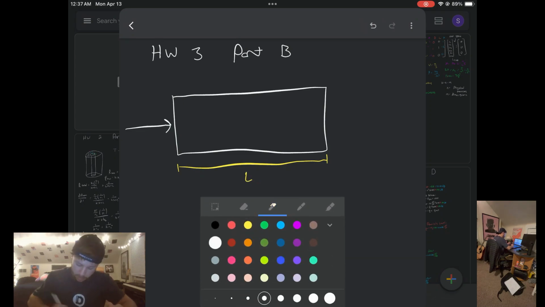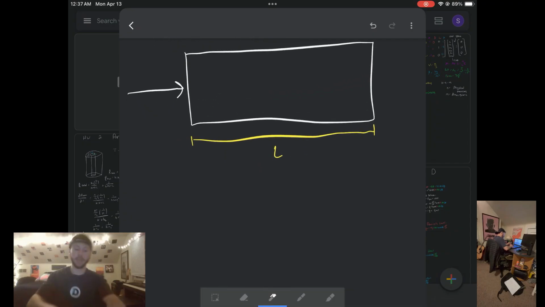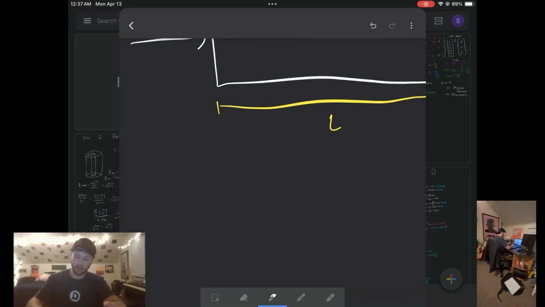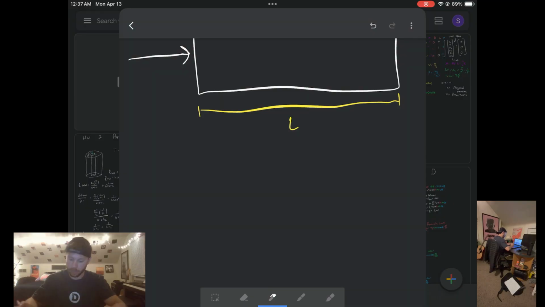In order to understand the heat flow of this plate, we'll need to look at the Nusselt number, which is Nu.